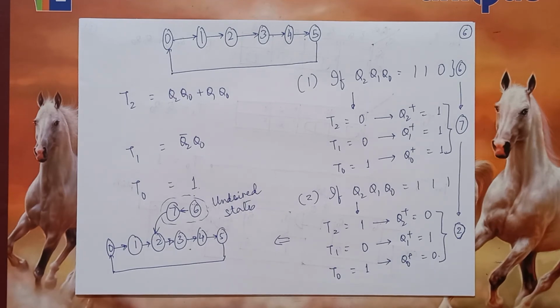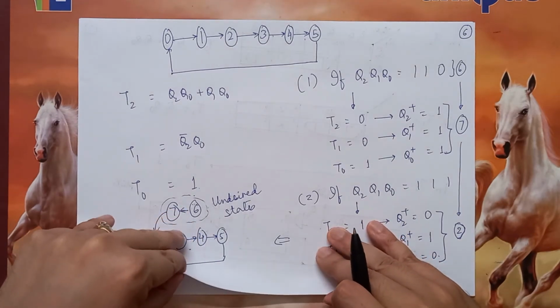On the other hand, if we are forcing them to a known state like 0, then in spite of an increased number of logic gates, we are able to ensure that those undesired states definitely converge into a part of the known counting chain. So this is how you can work with synchronous counters.